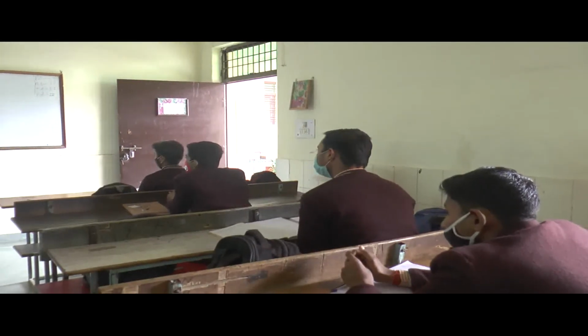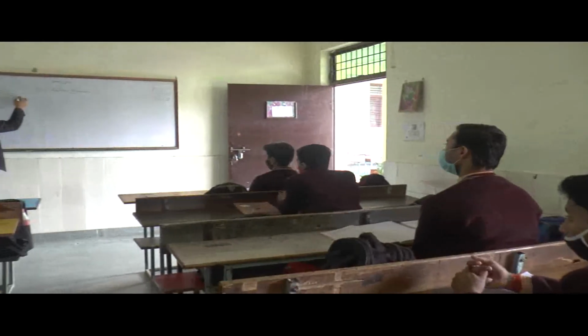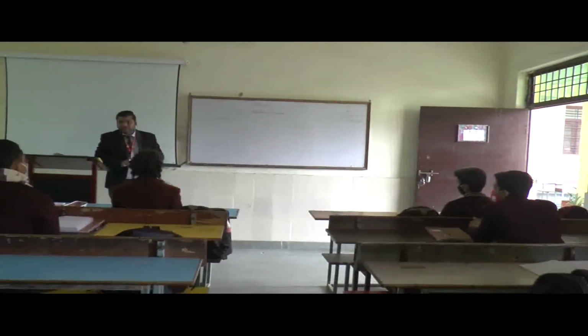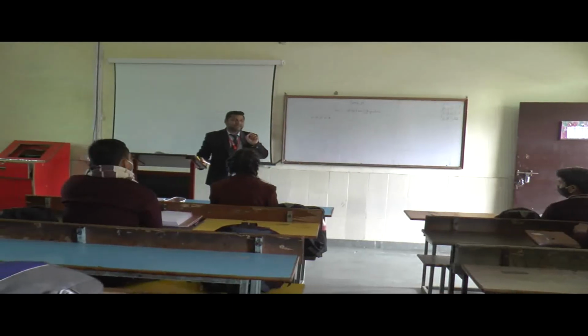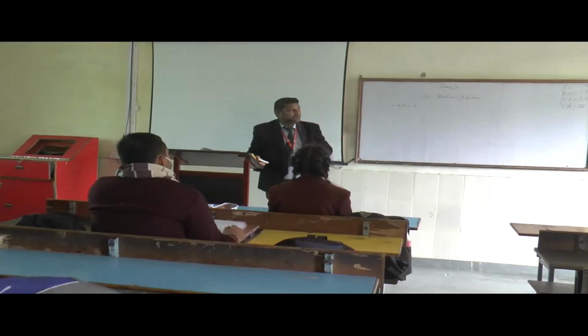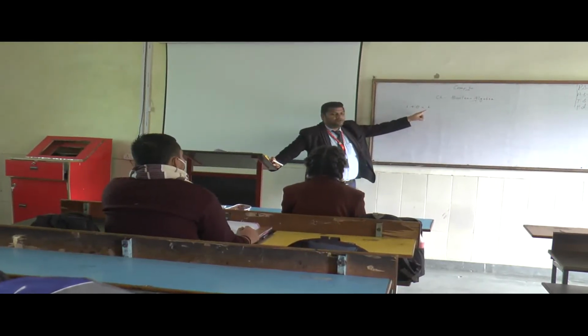We have an expression 1 plus 0 equal to 1. Here you cannot say plus, it is or, because plus is denoted as or. So 1 or 0 equal to 1.